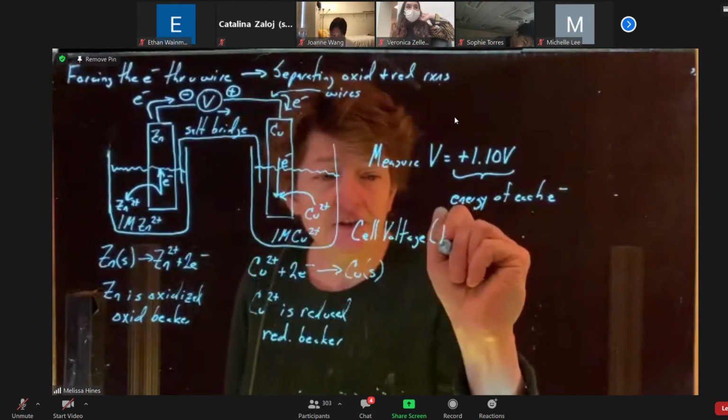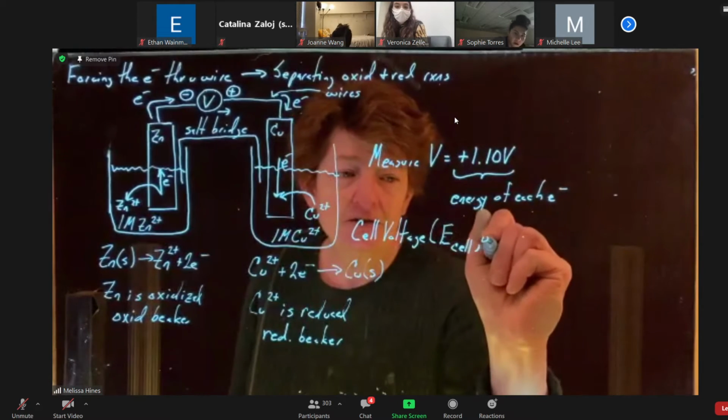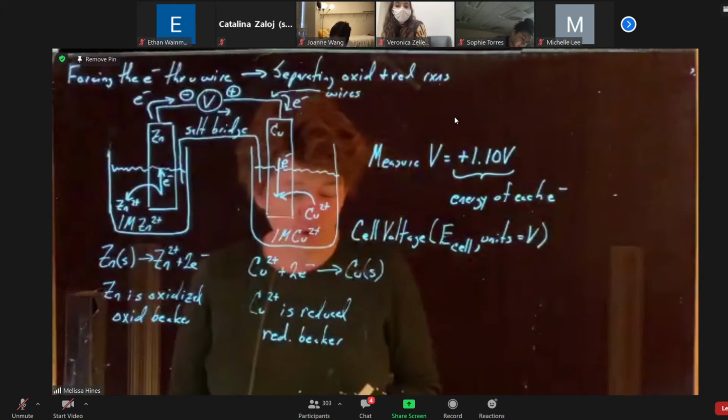And we are going to give it the variable E sub cell. And it is going to have units that, no surprise, are equal to voltage.